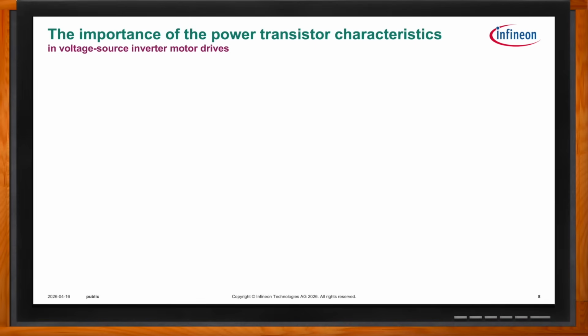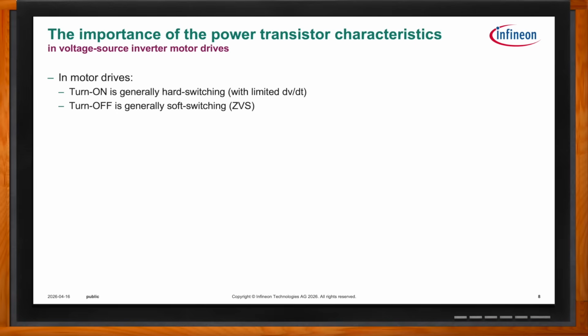So we're talking here about, technically the term is voltage source inverter, and it's the three half bridges that you saw earlier driving our electrically commutated motor. In motor drives, turn on is almost always hard switching, meaning that turning on the transistor is forcing the voltage state from one state to the other.